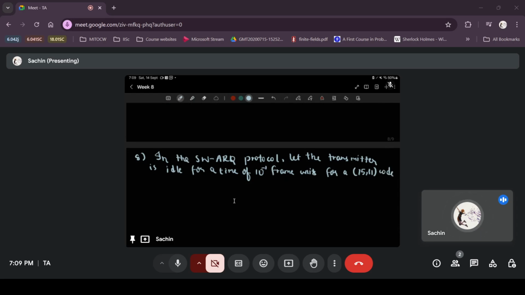We're using a 1511 code. And finally, the probability of acceptance of frame at the receiver is 0.03.